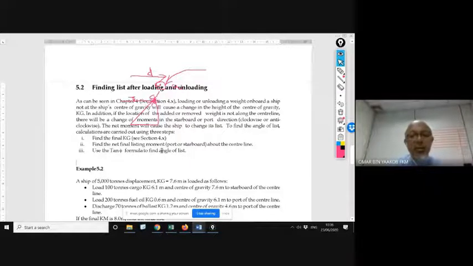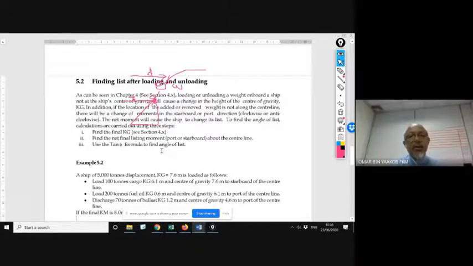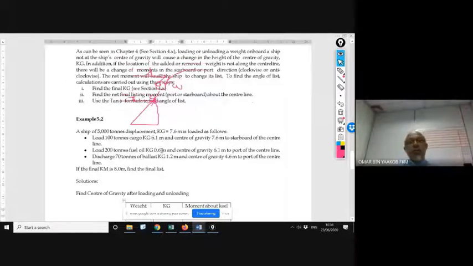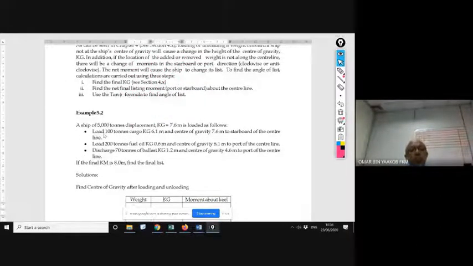So this is, for example, two loads and one discharge. A ship originally 5,000 tons, KG 7.6 meters, is loaded as follows. Load 100 tons at KG 6.1 and a location 7.6 meters to starboard of the center line.